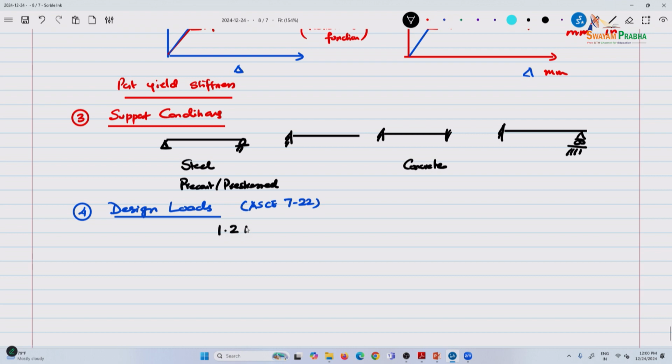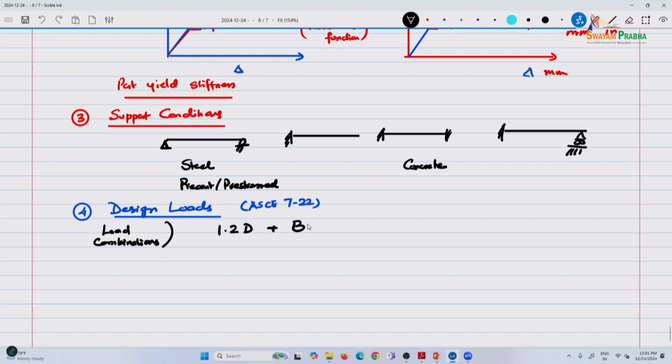We have load combinations, and 1.2 dead load plus the blast load. That is actually a recent addition, maybe in the past 5-10 years, or I think ASCE 7-11 may have had that. I have to check on that, but it has been in the past couple of decades.